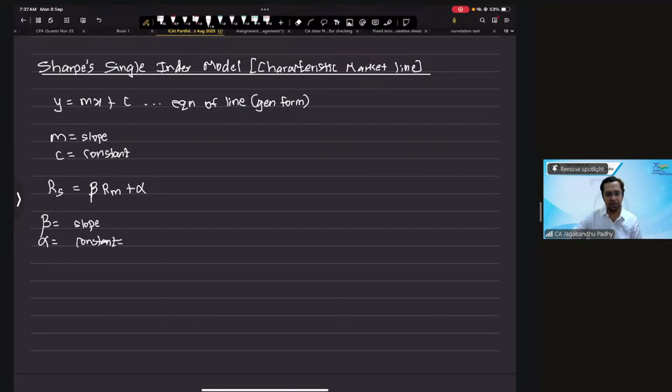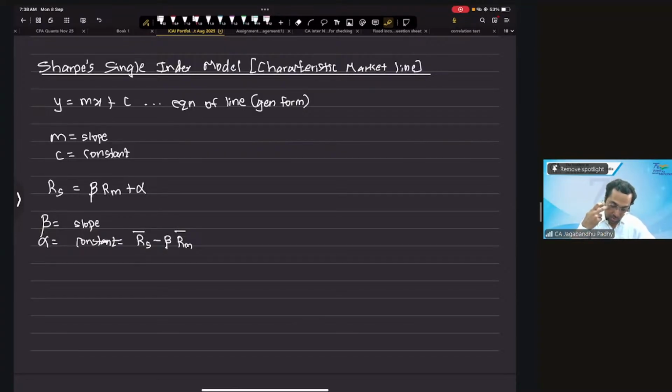This alpha is computed as the average return of security minus beta into the average market return. So beta is a slope, alpha is a constant, which is calculated as average return of security minus beta into average return of market.